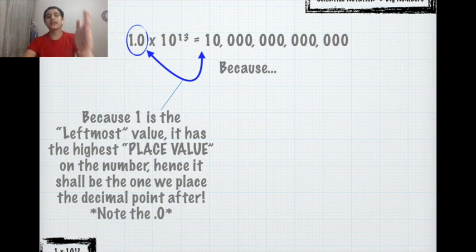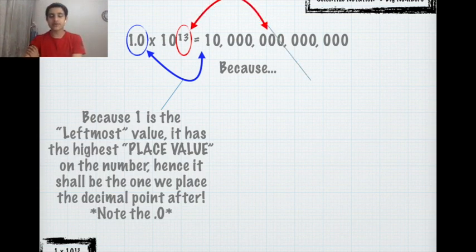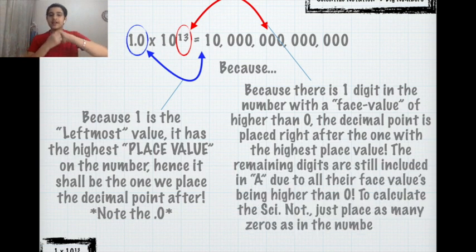And yes, it's the highest place value and face value. So basically vice versa again. The digits that include an A that are behind the decimal point are the ones with the highest place value. So it's only logical to put it in the leftmost side of the right side of the equation. The power 13, however, represents the number of zeros, as we talked about before, and now vice versa.